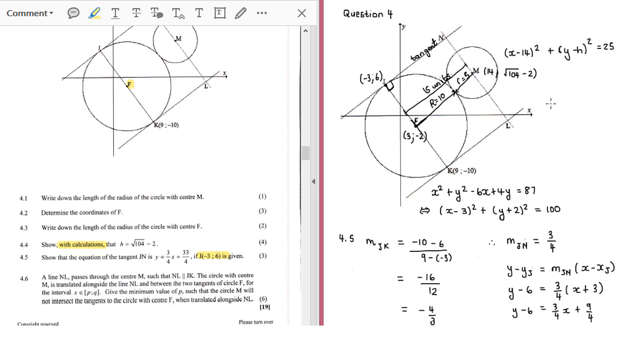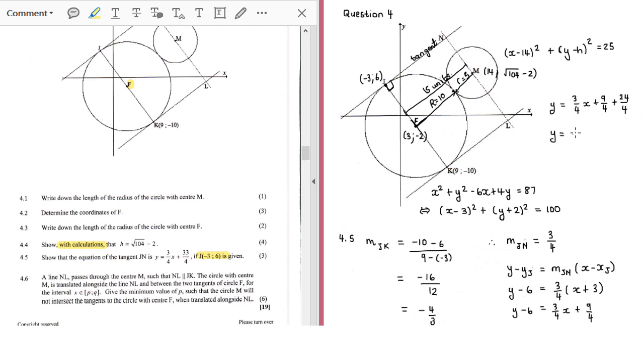We now have y is equal to 3 over 4 x plus 9 over 4 plus 6. We can now write this as something over 4, so 6 times 4 is 24.